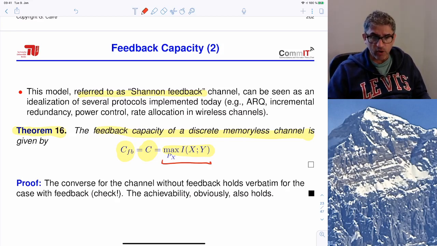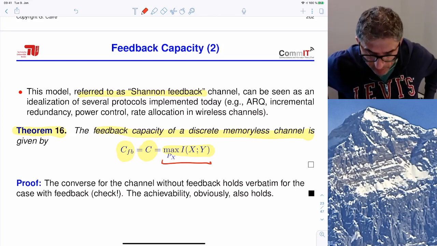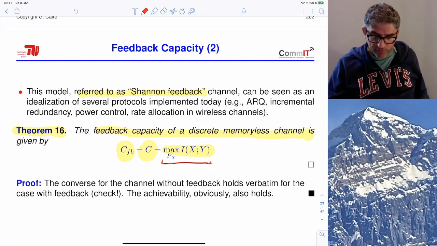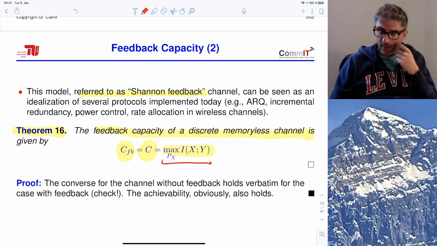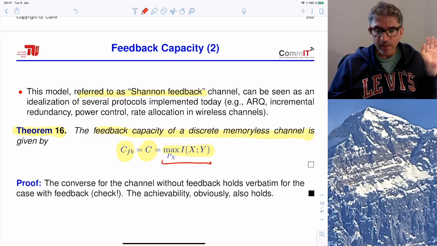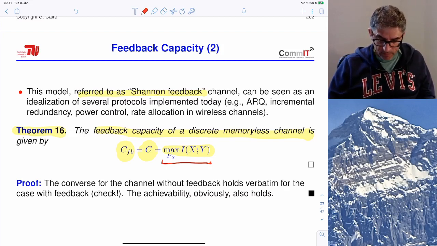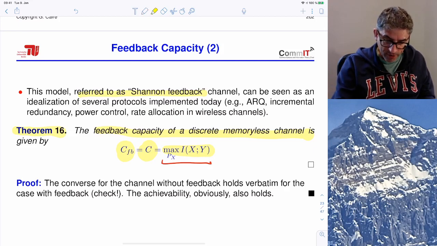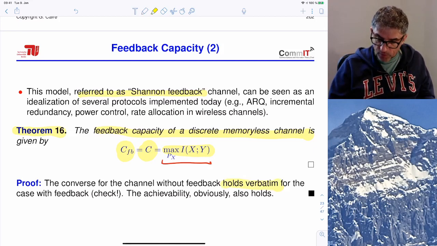If the converse says no feedback codes exist with vanishing probability of error and rates above this maximum mutual information, then whatever the feedback can do, it will not improve capacity. So it turns out that the proof of the converse holds verbatim, which means line by line, also for the case with feedback.